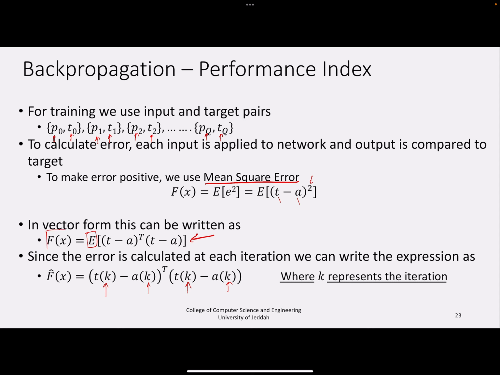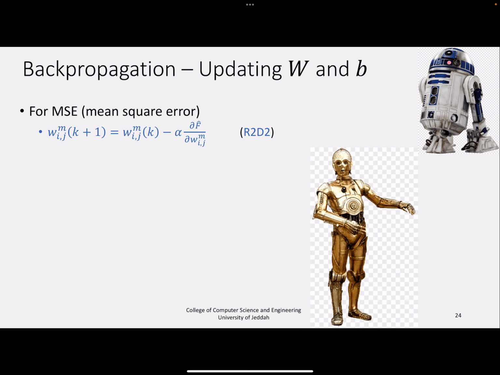So F hat of x will be used to represent the error function. In our case, we'll be sticking with the mean square error. And the backpropagation algorithm, assuming that we're using mean square error, consists of two functions. One function to update the weights.